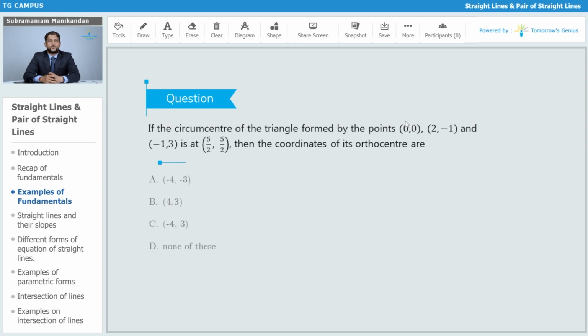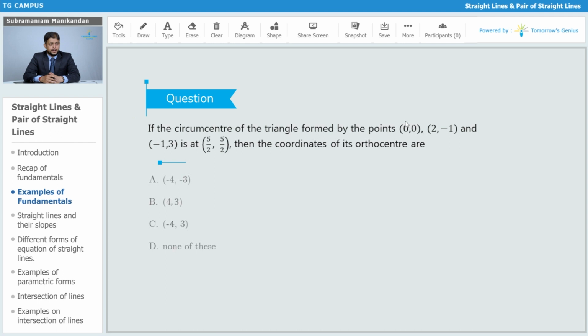Second and harder question. If the circumcenter of the triangle formed by the points 0, 0, 2, negative 1 and negative 1, 3 is at 5 by 2, 5 by 2, then find the coordinates of its orthocenter.